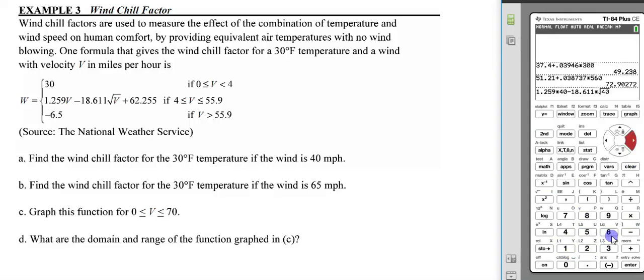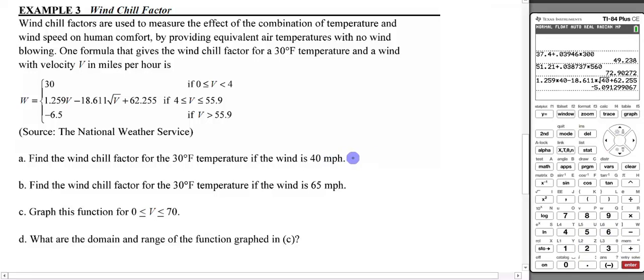Arrow right to get out of that square root. So I have a 62.255 there, and enter, and at that point it's going to feel like negative 5.1 degrees.